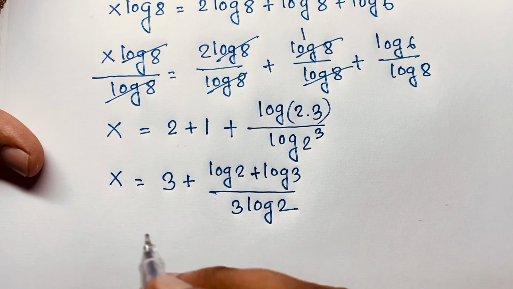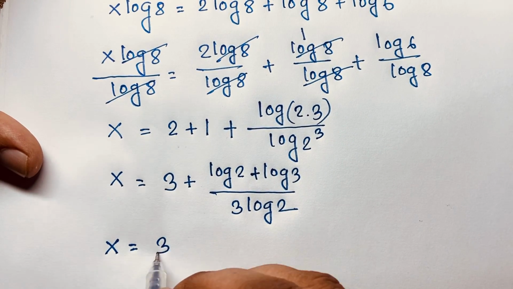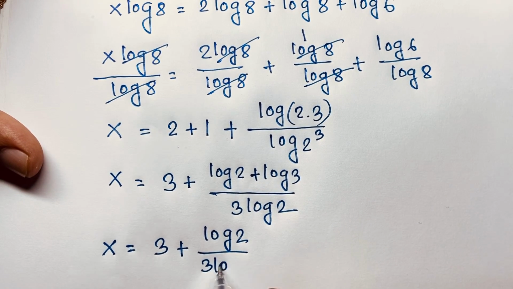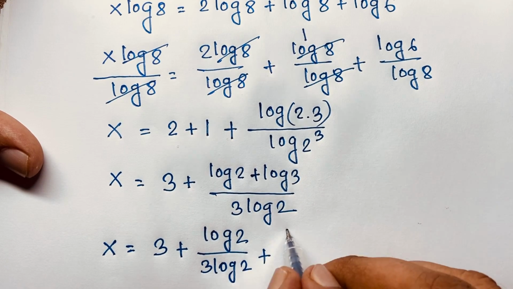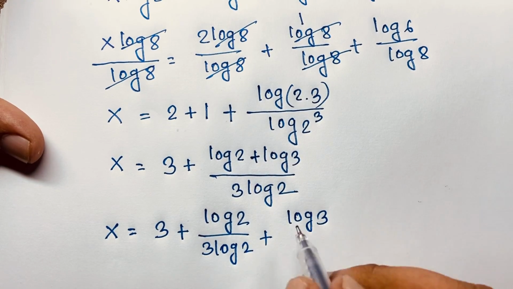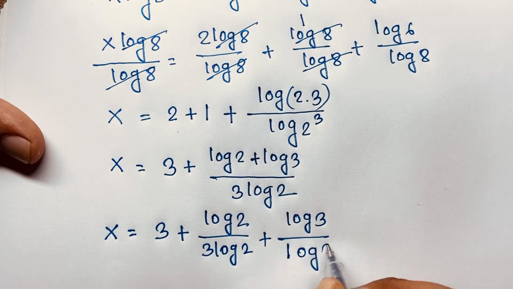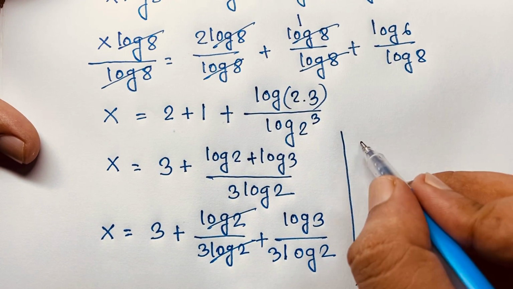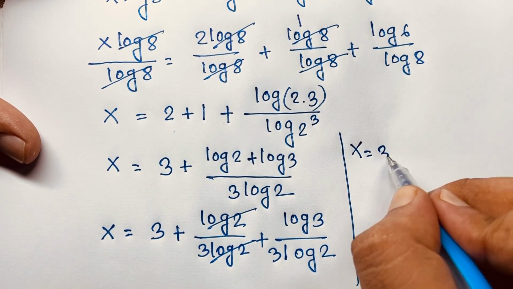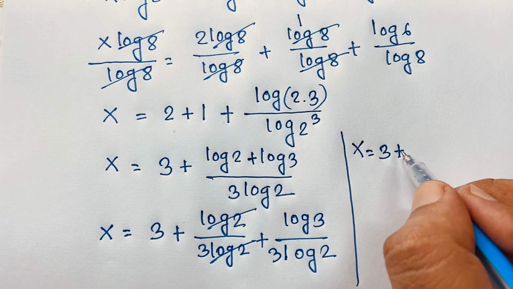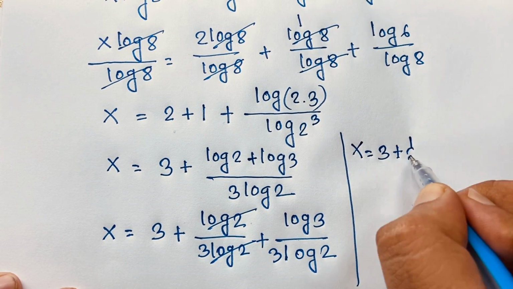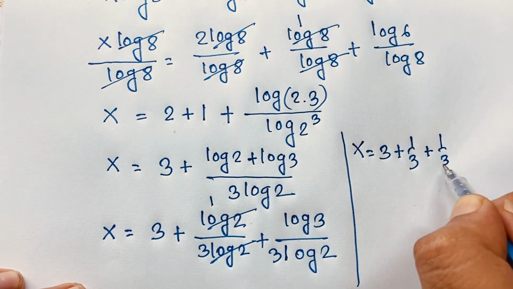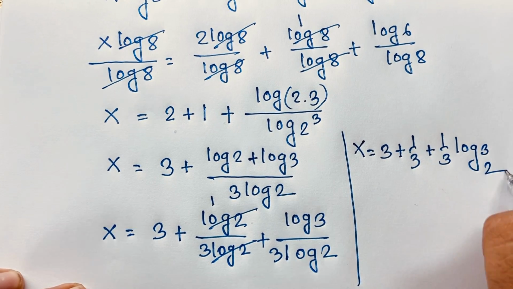Now if I separate this fraction, x is equal to 3 plus log 2 over 3 log 2 plus log 3 over 3 log 2. Now this cancels out. We will find here x is 3 plus 1 over 3, plus 1 over 3 log 3 base 2.